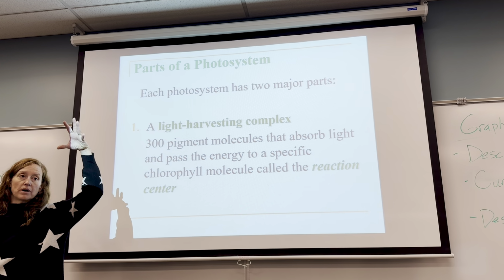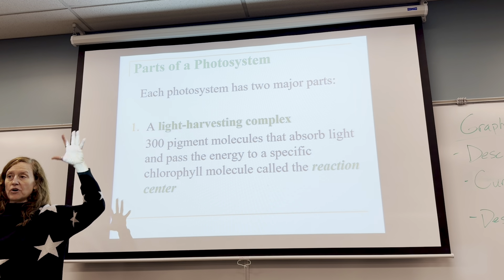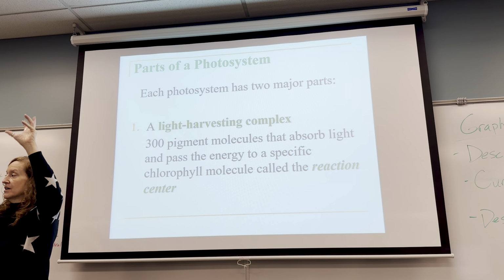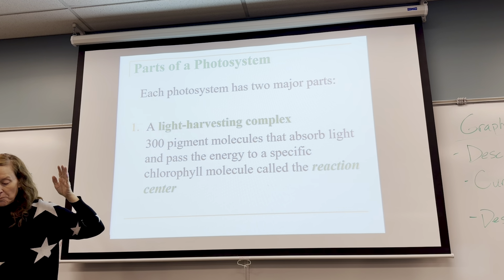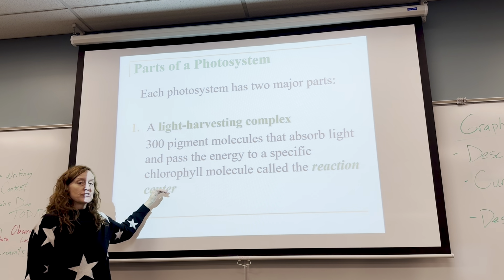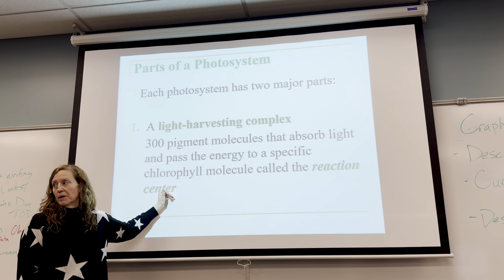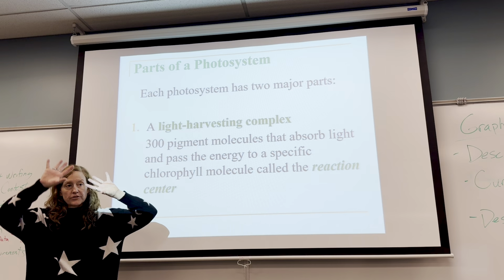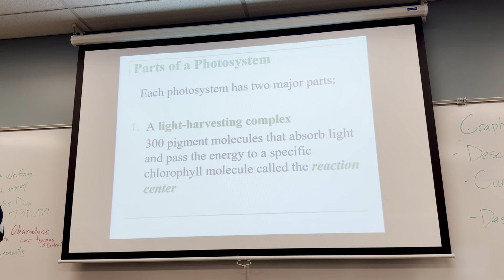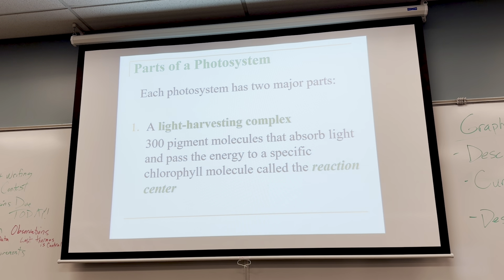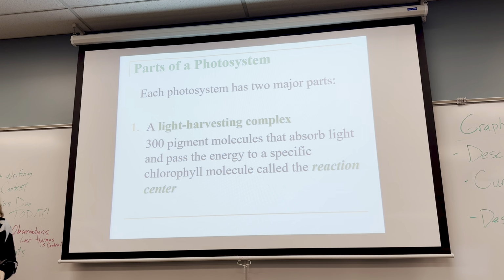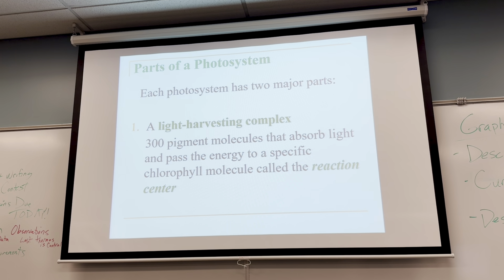In this group of pigments, they're all grabbing up energy from the sun. They're absorbing it, and they're all passing it to this one very special chlorophyll molecule, the reaction center. So they're all just doing the job of absorbing and giving it over to this reaction center. They're making it fully energized.